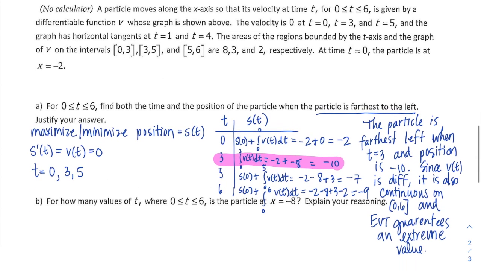Part B. We're going to use the work we did in Part A to help us with Part B. So it says, for how many values of t, where t is between 0 and 6, is the particle at x equals negative 8? Explain your reasoning. So now we're looking at using IVT on our position function.